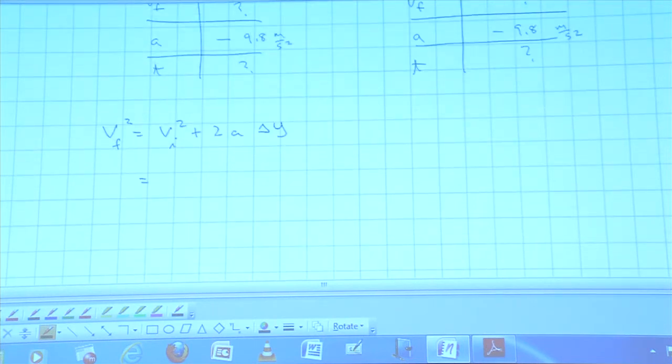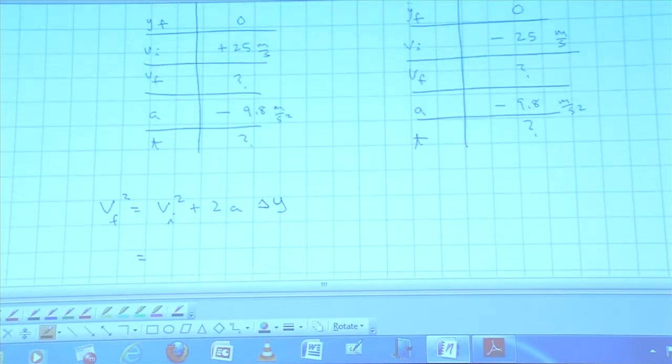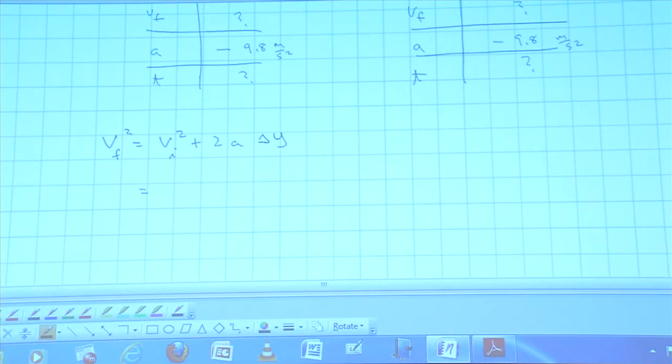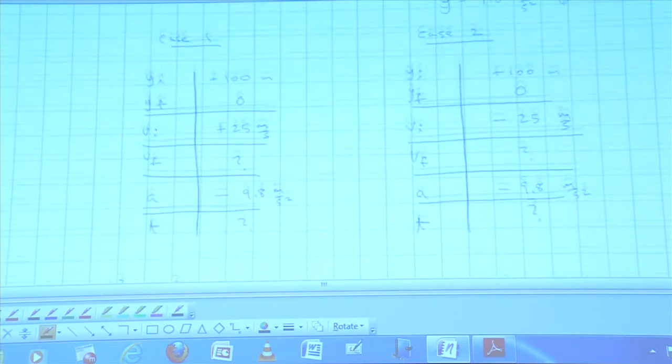So V final squared is V initial squared, which was, what was it? In this case, it's positive 25. And in the other case, it was negative 25. The acceleration is negative. And delta y is always final minus initial.